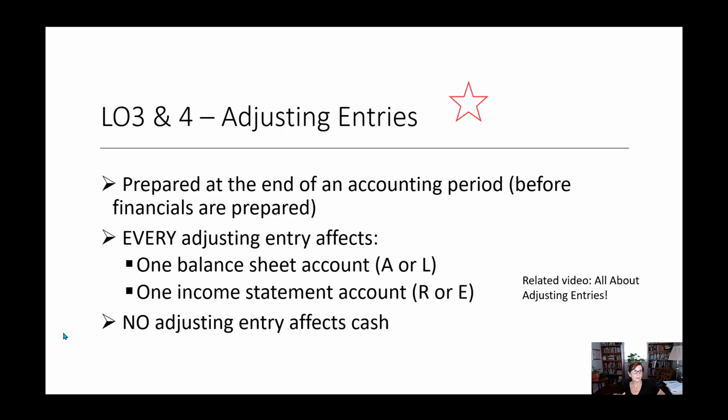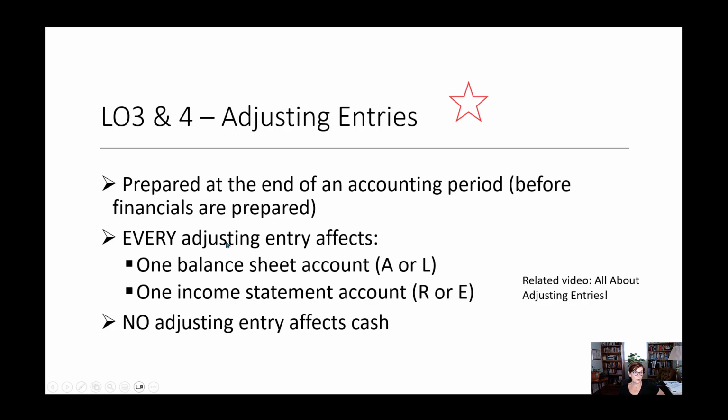Remember these rules, okay? Number 1, adjusting entries are prepared at the end of an accounting period before financials are prepared. So remember, we did all the transactions, and then you get to the end of the period and the company says, okay, which things are off and need to be adjusted before we can report our correct numbers.